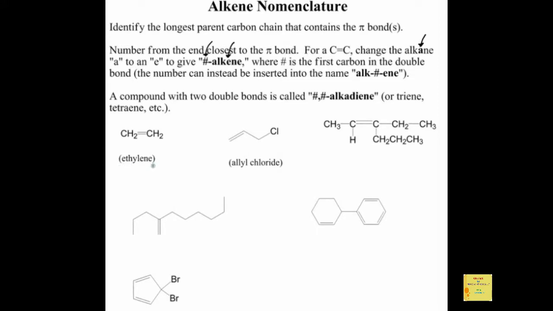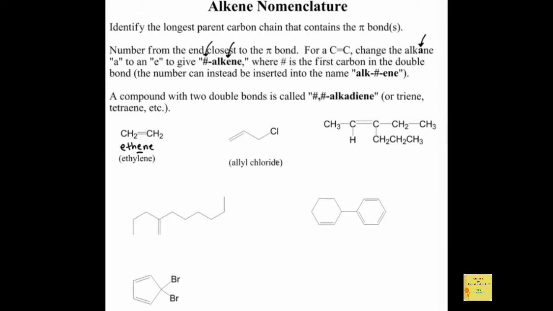So this is commonly known as ethylene gas, but the IUPAC name, it would be an ethane derivative because it's 2 carbons, and instead of calling it ethane, we call it ethene. So not a big difference between the common name and the IUPAC name, but the IUPAC name is ethene. So that E tells the reader that there's a double bond in this molecule. In this case, I don't need to indicate where the double bond is because there's only one place for it to be, connecting those 2 carbons.